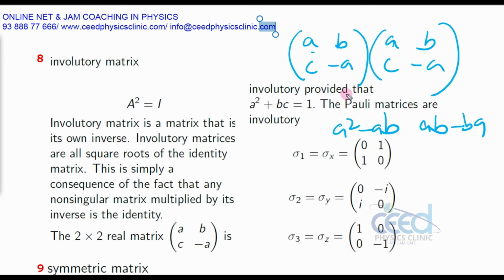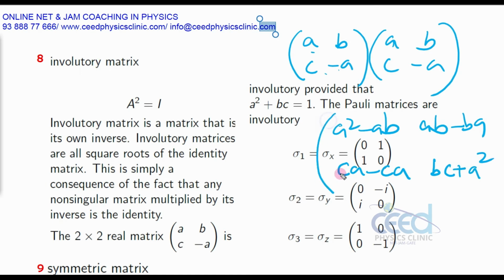Here again CA minus CA, and here again BC plus A square.